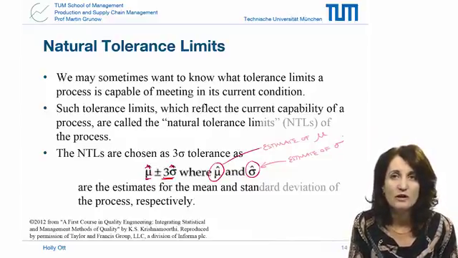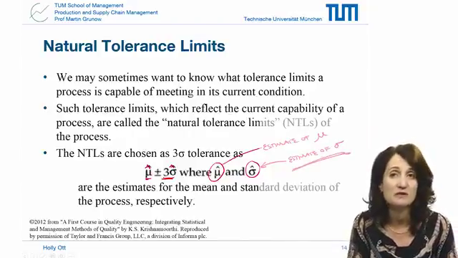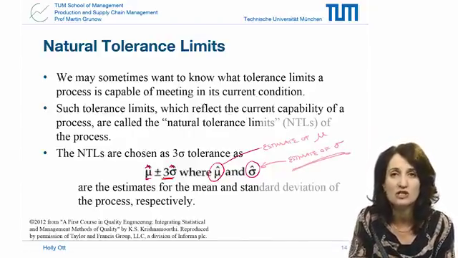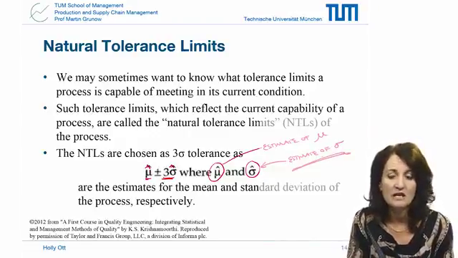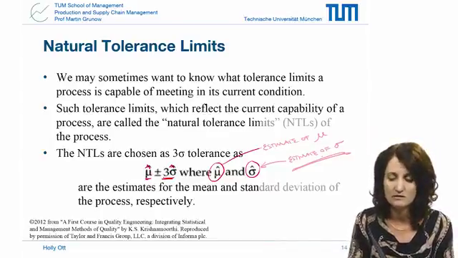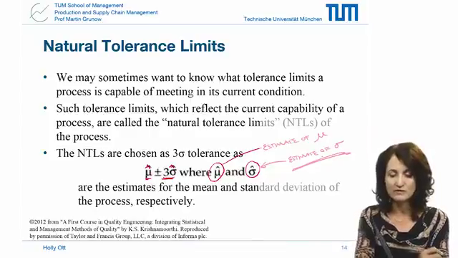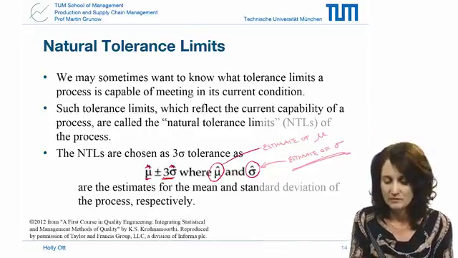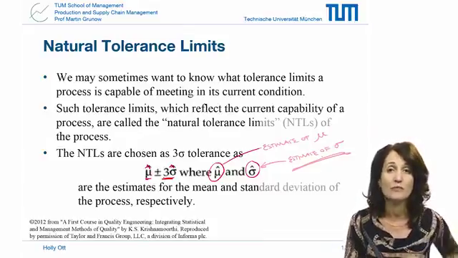So when are these useful? Well, first of all, you can get these types of values. You can take samples while your process is running. You take samples, preferably a fairly large number, greater than 50, and then you can calculate these estimates using the overall sample average and the sample ranges we've done before, or the sample standard deviation, and then you can give yourself an estimate for the natural tolerance limits for that process.